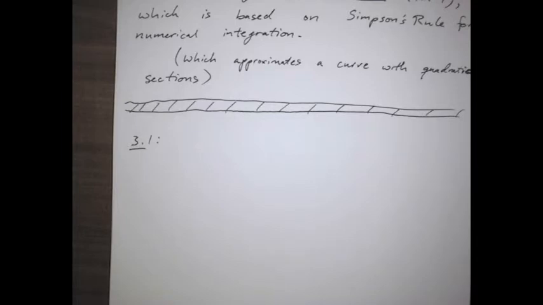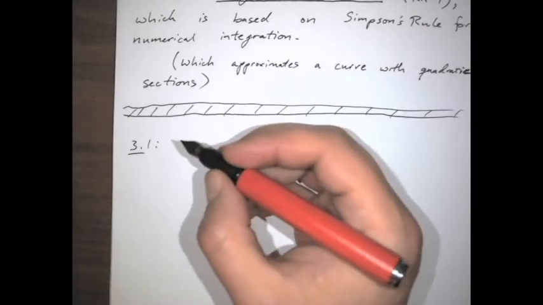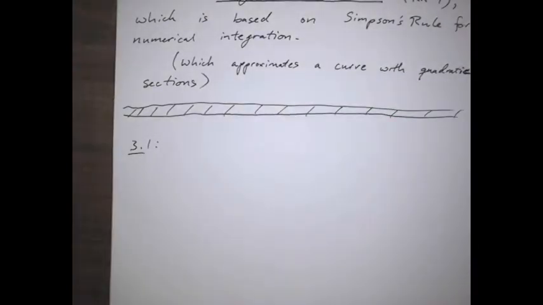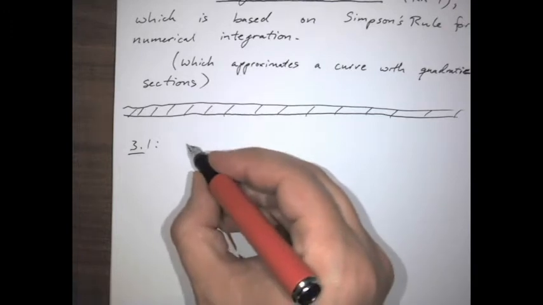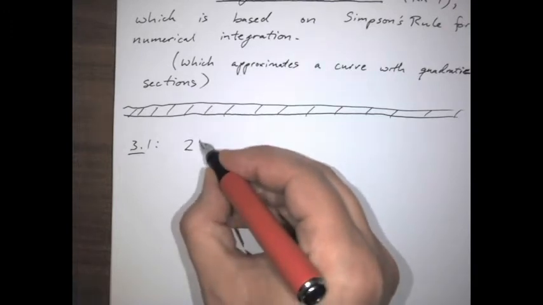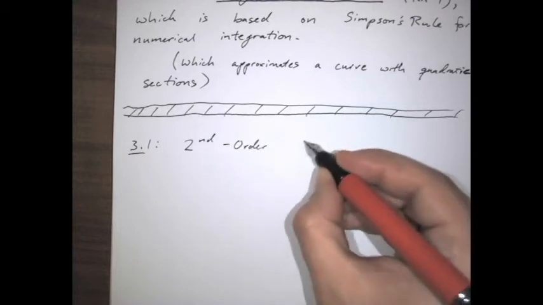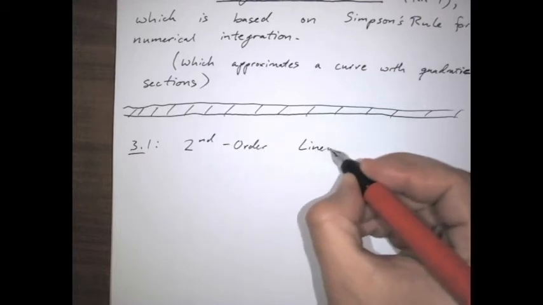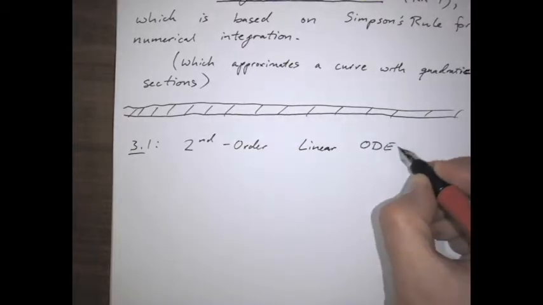Anyway, so there's that. Now the actual topic of the day is section 3.1, where for the first time we move beyond just first order differential equations and start talking about second order linear differential equations. So second order linear ordinary differential equations.